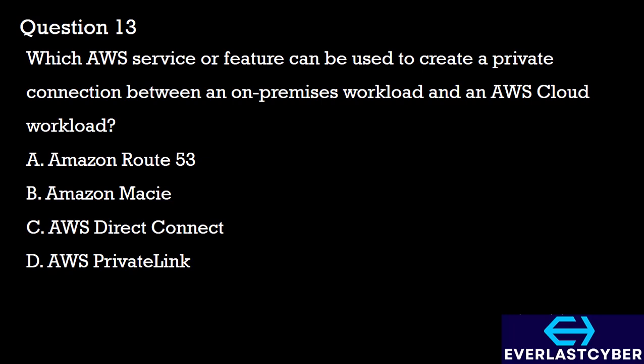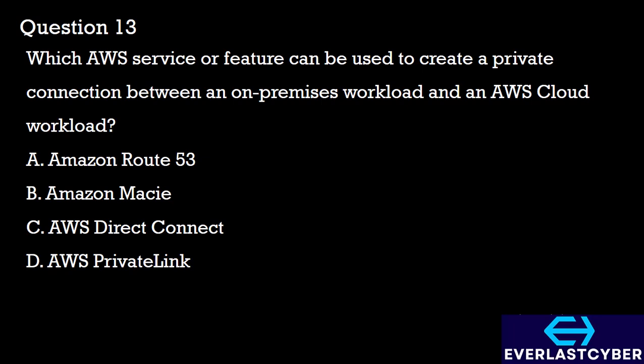Amazon Route 53 is a scalable DNS web service that routes end users to applications. However, it does not provide a private connection. Amazon Macie is a security service that uses machine learning to discover and protect sensitive data in AWS, but it is not designed for establishing network connections.